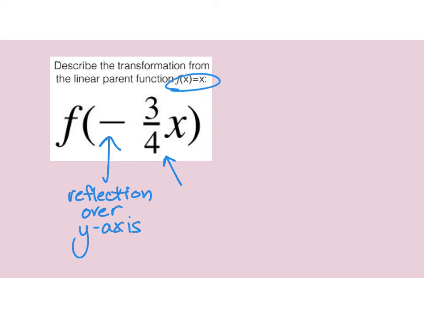Remember, the smaller the slope, the flatter the line. It's going to be flatter, right? So if we're holding that rubber band, think about this, and we want it to be flat, what are we doing? Stretching. So in this case, it would be a horizontal stretch.